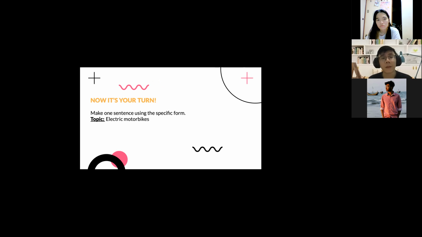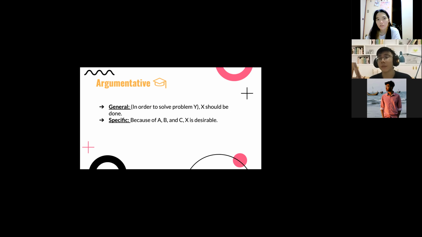So just make one thesis statement using the specific form, and your topic is electric motorbikes. Perhaps your argument could be built based on whether you believe that electric motorbikes should be utilized more or should not be used at all.